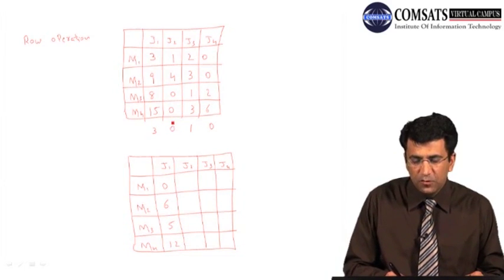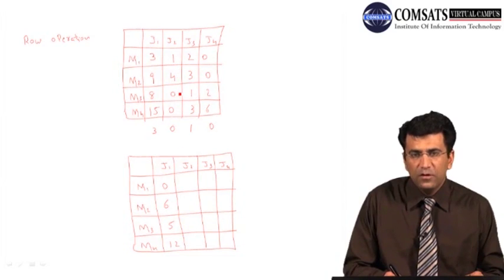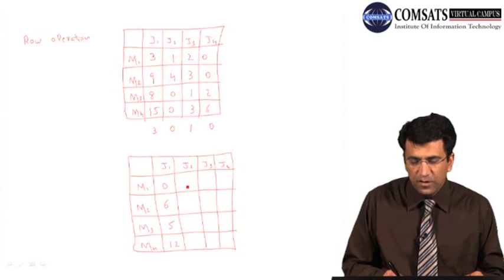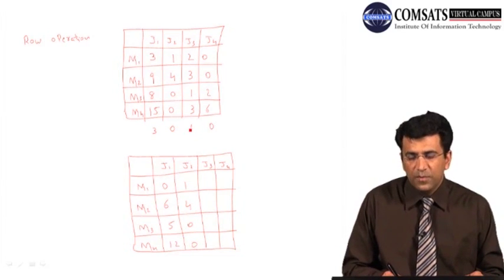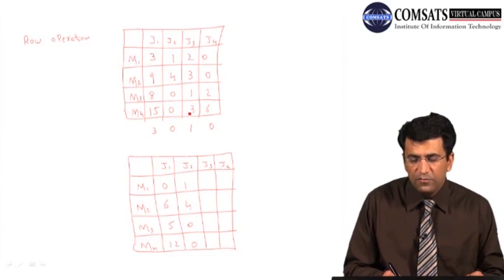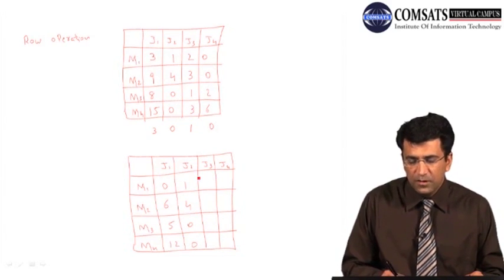Similarly, if we subtract 0 from each value of the second column, it will remain same, that is 1, 4, 0, 0. In third column, the minimum value is 1, so we will subtract 1 from every value of this third column. So it will become 2 minus 1, 1, 3 minus 1, 2, 1 minus 1, 0, 3 minus 1, 2.